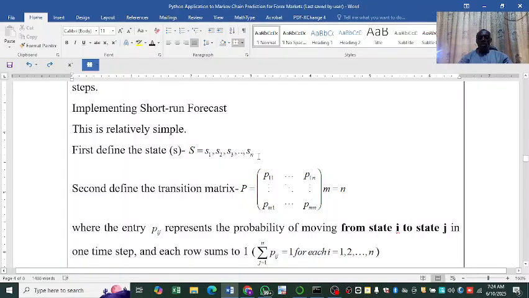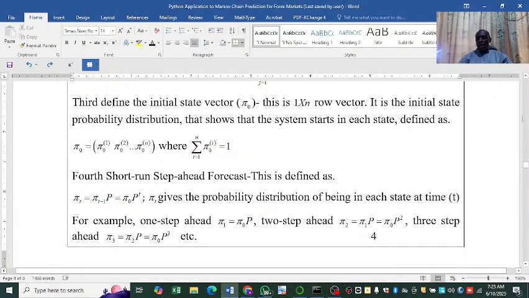Then after the states have been defined, the next stage is to define the transition probability matrix, which is a square matrix, where the columns and the rows are equal.